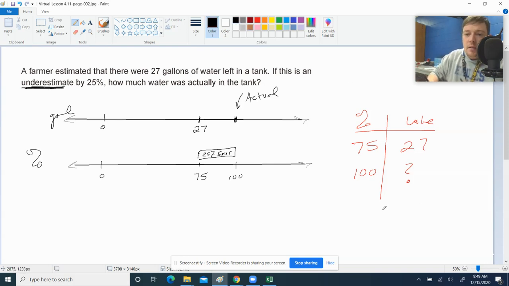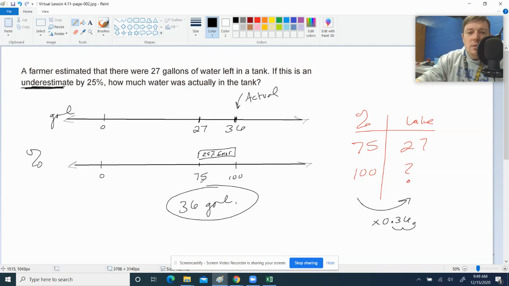So my constant of proportionality is 0.36; I could multiply 75 by 36 hundredths to get this. So I should be able to multiply it by 100, and 100 times that just moves the decimal over 2, and it would be 36. So there actually were 36 gallons in that tank to start with.